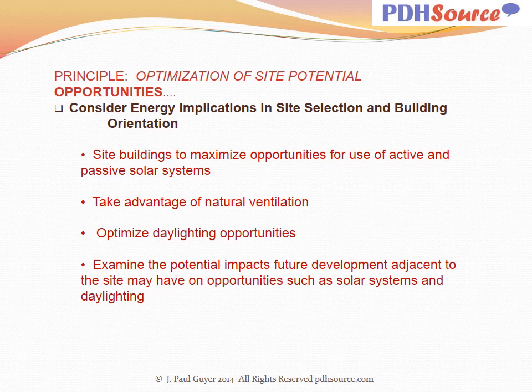The next opportunity that may exist on your project to optimize the site potential is to consider energy implications in site selection and building orientation, such as perhaps you might be in a locale where there is an opportunity to utilize the solar heating for natural heating of your building, and to take advantage of that solar energy for passive heating of your building, you in the northern hemisphere need to have your building oriented so that you have a long side, so to speak, facing south, because that's where the sun is in the northern hemisphere in the winter when you want heating in your building.